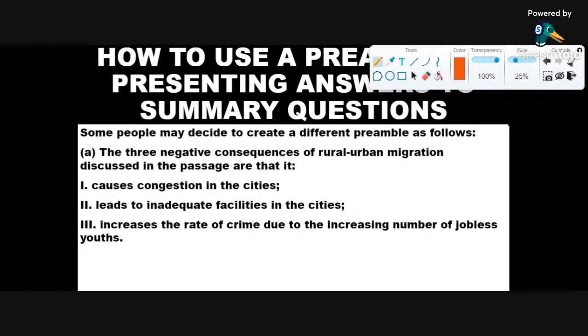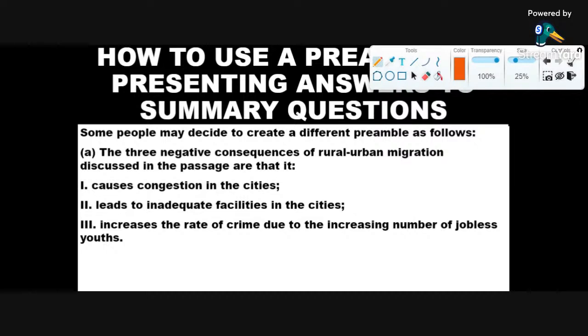Because you have the subject already embedded in the preamble, when taken together with this first answer, it makes a sentence: it causes congestion in the cities.